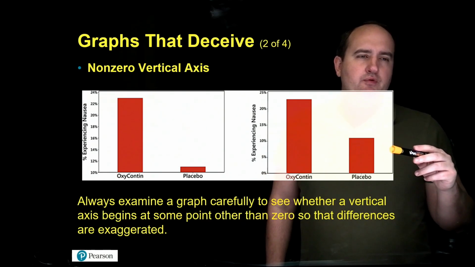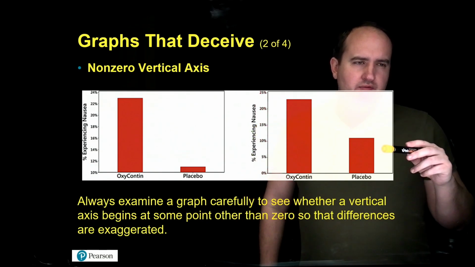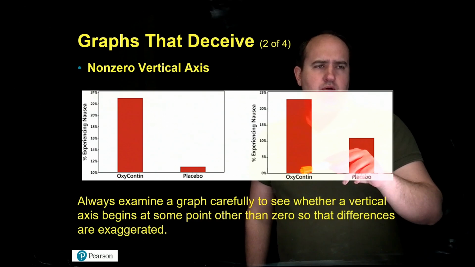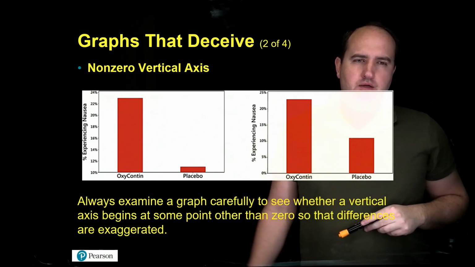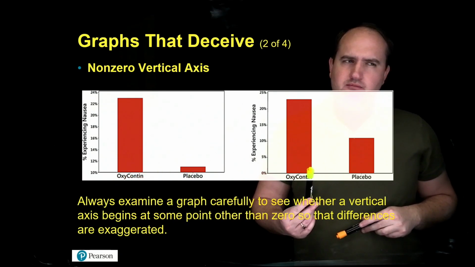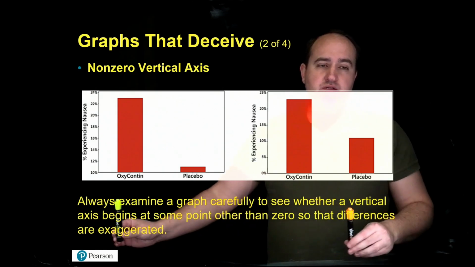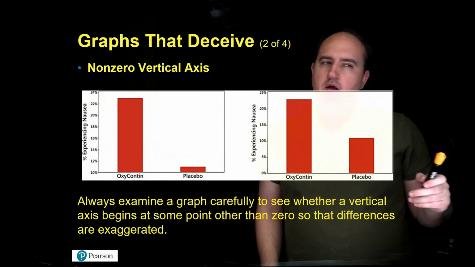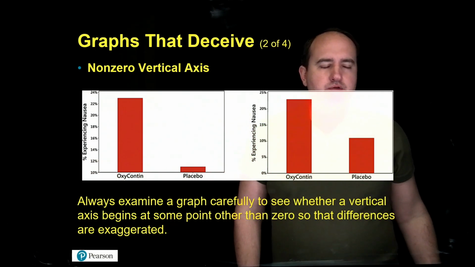So looking at the graph on the right, without looking at the numbers, it maybe looks like placebo is maybe half the height of OxyContin. So 10 times the height versus half the height. But like I said, these two graphs are representing the same data values.